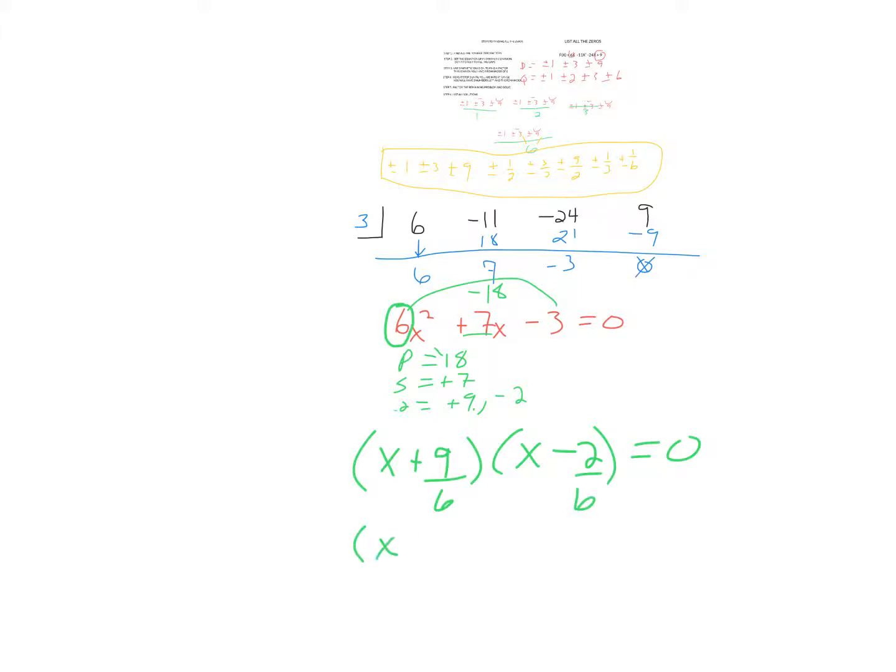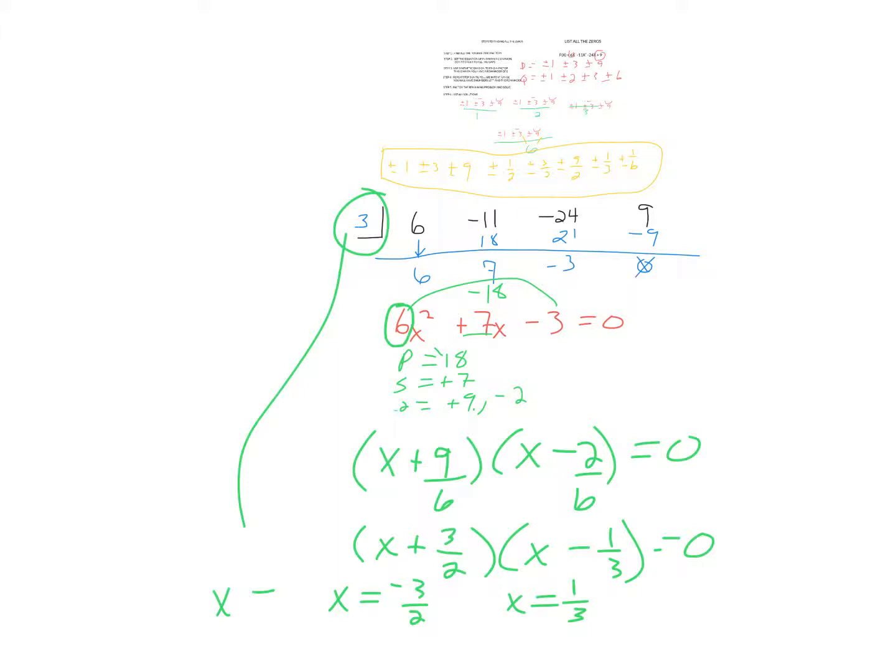So we're going to have x plus 3 halves, x minus 1/3. So when I solve this, x is equal to -3 halves, x is equal to 1/3, and then don't forget our other guy from the beginning, that x is also equal to 3. And there's that one, piece of cake.